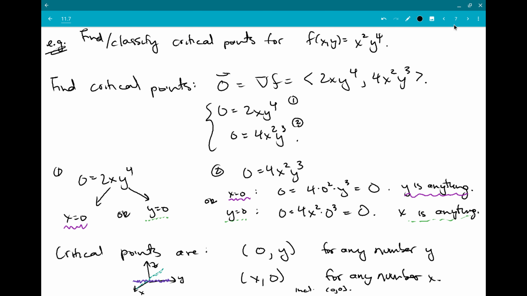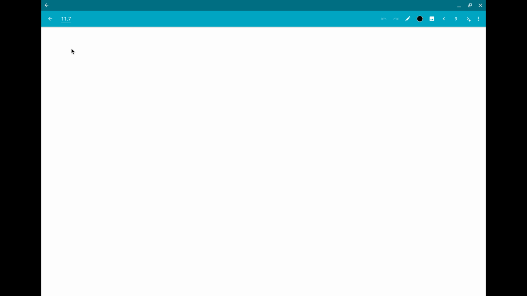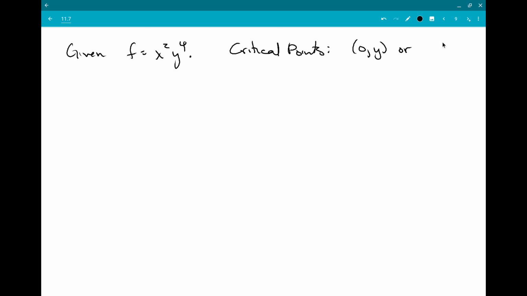So now that we've done all this work and found that our test is inconclusive, we have to go back to what f is. So we're given f is equal to x squared y to the fourth. And we know that the critical points we need to classify are (0, y) or (x, 0) for any values y and x.